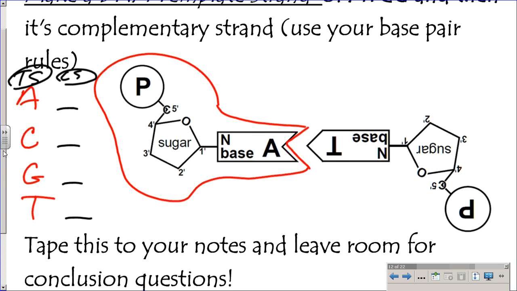I'm going to get you guys some tape. Because what you're going to be doing is, I have tape and glue.